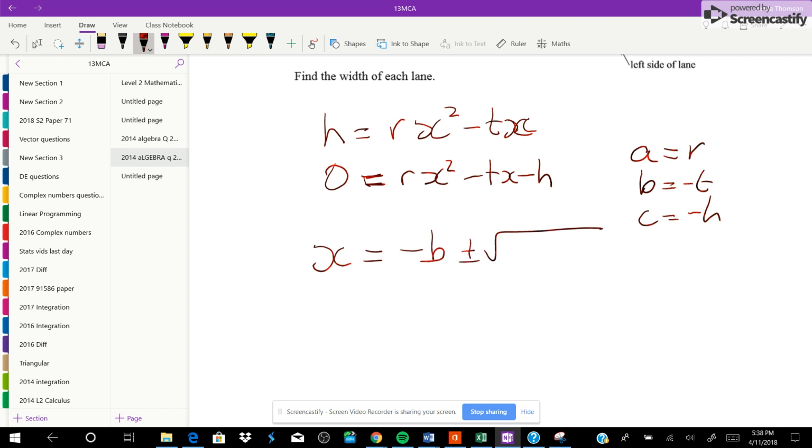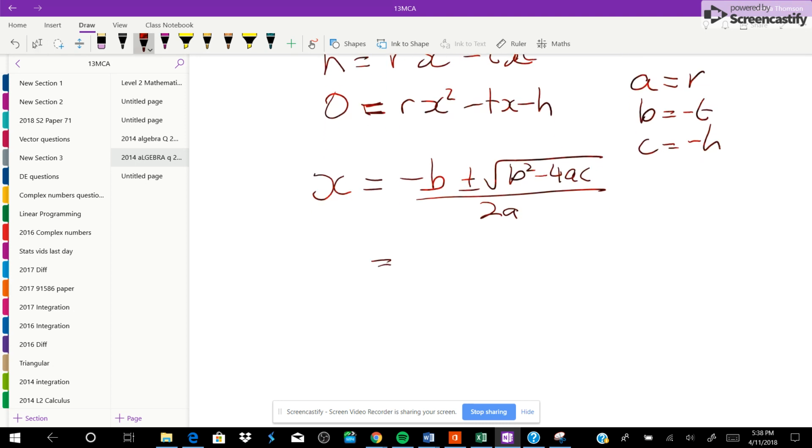So this is my quadratic formula. Pop that down first, and now substitute so that you don't muck it up. So x is equal to t plus or minus the square root of negative t squared, which will give me t squared. Be careful with that, right?